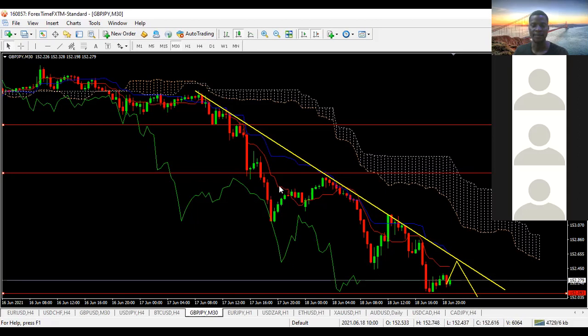So if you want to enter a sell, don't enter a sell at this level. Once the market is very far away from the moving average, or from the trend, or from the cloud, and you know the direction of the market, don't enter yet. Just allow the market to come close, to pull back into the moving averages or pull back into the trend.